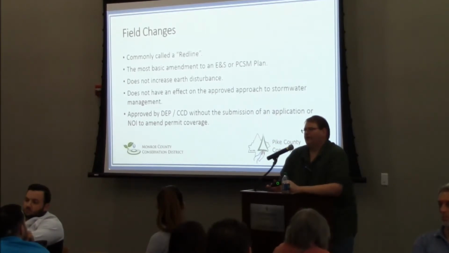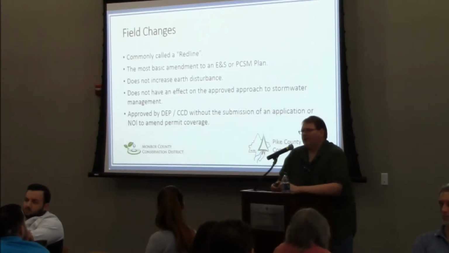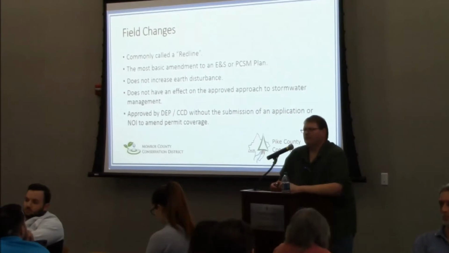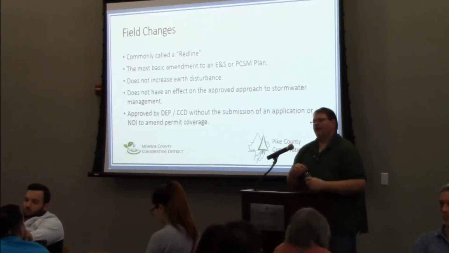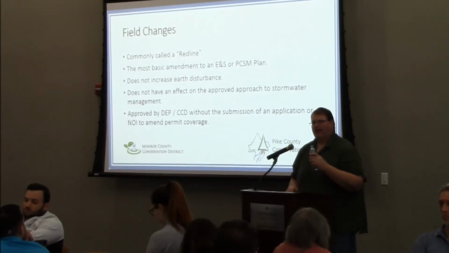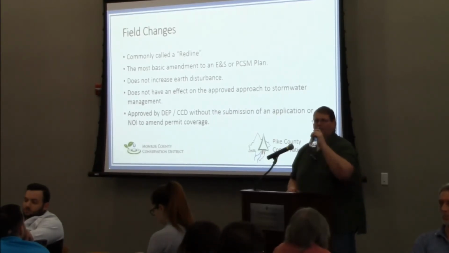It does not increase earth disturbance. It does not have an effect on the approved approach to stormwater management, so you can't just have a red line and now, I don't know, possibly be discharging a higher rate or volume. It can be approved by DEP or Conservation District without the submission of an application or an NOI to amend the permit.